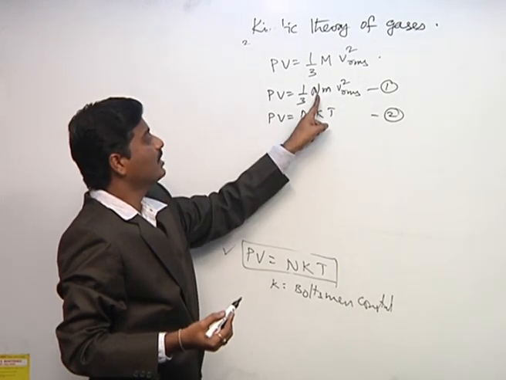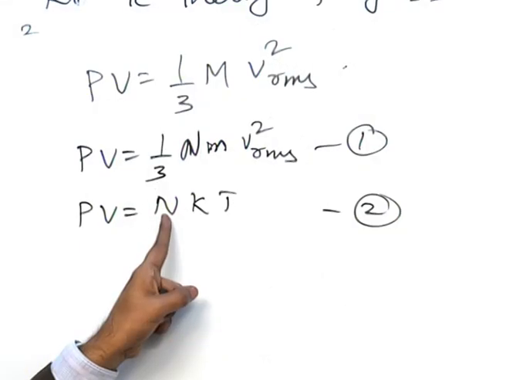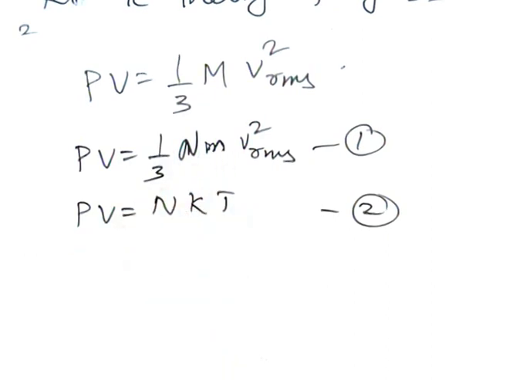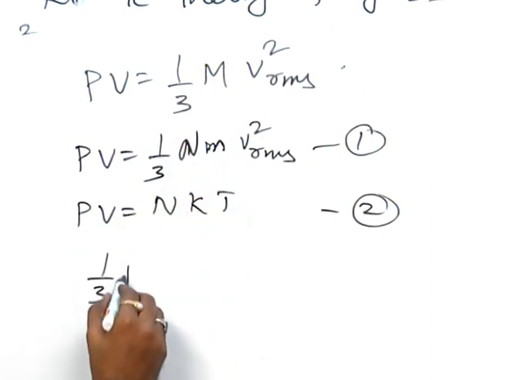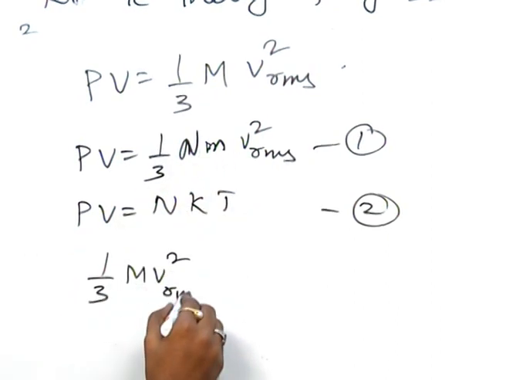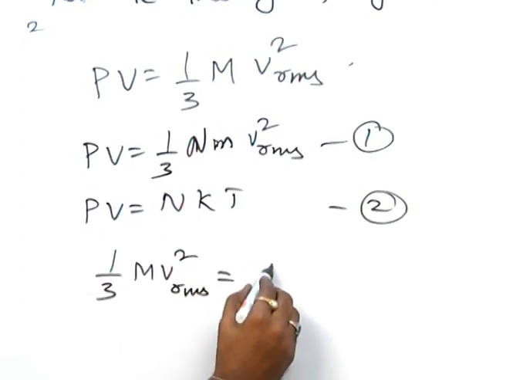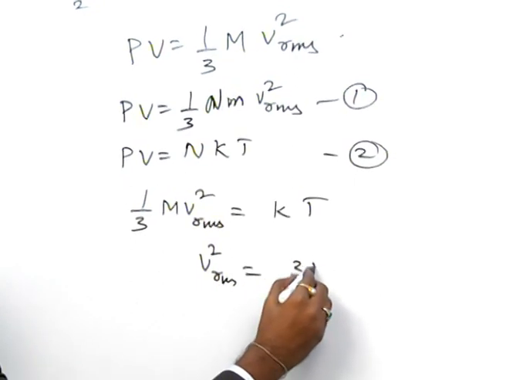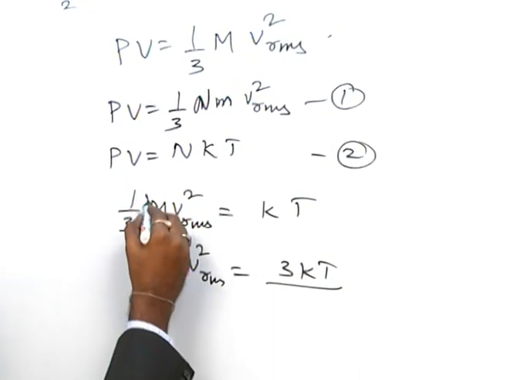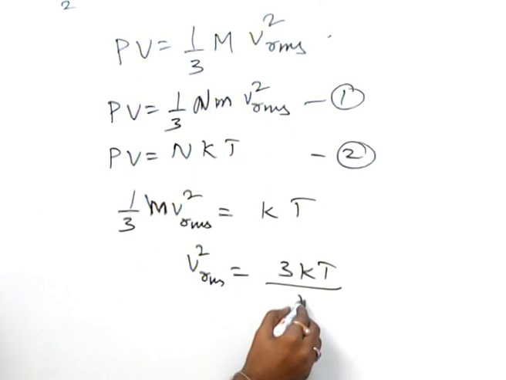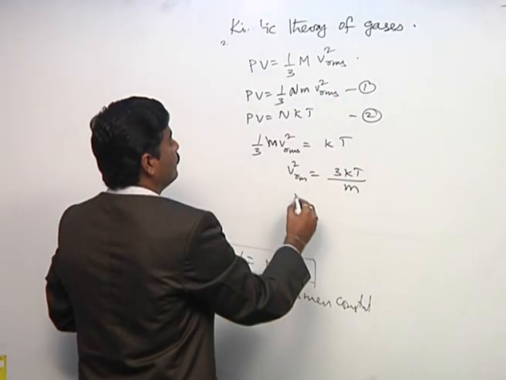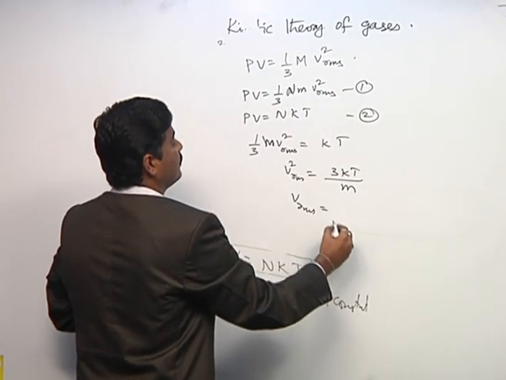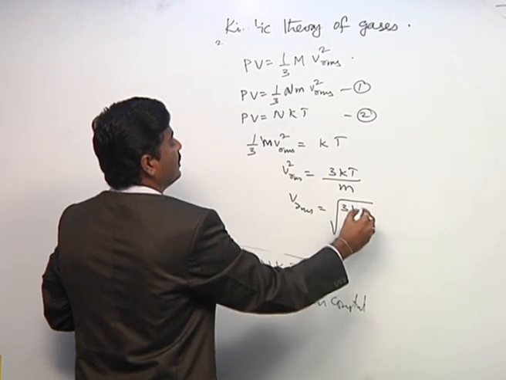If you compare these two results, we can write 1 by 3 m V square RMS is equal to kT. So V square RMS is equal to 3kT by m, where m is the mass of one molecule. So V RMS is equal to the square root of 3kT by m.